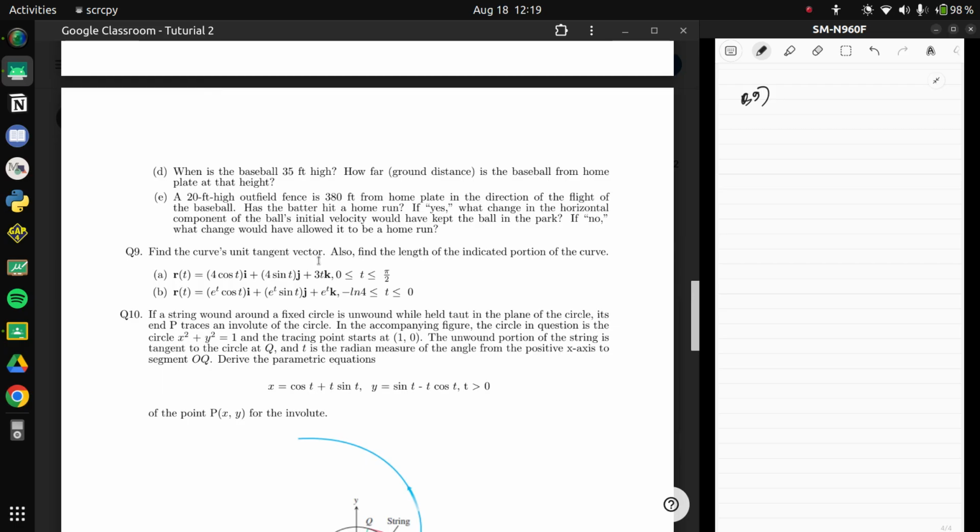Find the length of the indicated portion of the curve. Okay. And 0 to, oh, so finding the length is very easy. It's just integration of the magnitude of dr from t equal to 0 to pi by 2. So that is like integration of, so just, yeah, what's that gonna be? Oh, it's just a unit vector essentially.